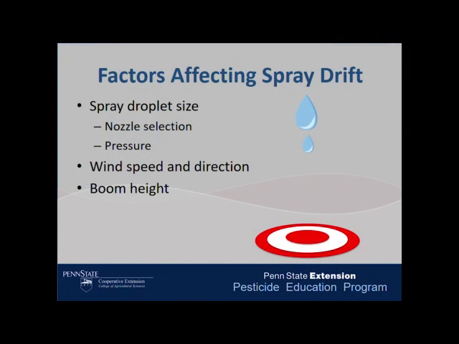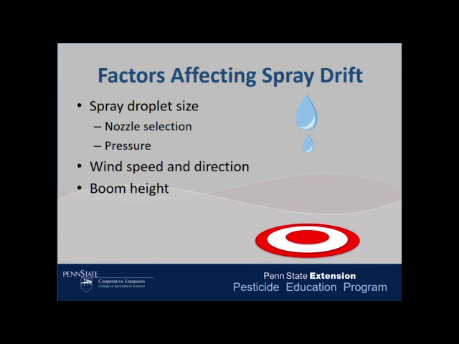Now, some of the factors affecting spray drift. Certainly droplet size is probably the number one factor, and that's going to come back to nozzle selection. One of the best things you can do is get a catalog from the nozzle manufacturers. Whether it's T-Jet or any of the other ones, they have a catalog, and you look on there and say, okay, I'm using this nozzle, my pressure coming out of that nozzle is 40 psi.